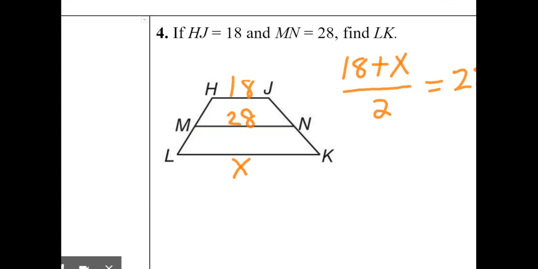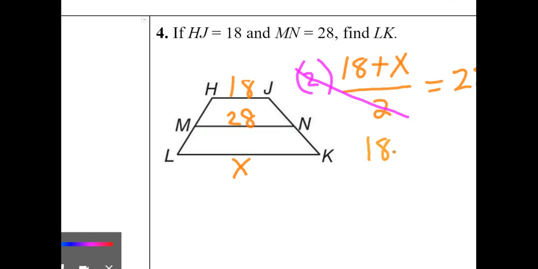Because 28 is the average of the top and bottom side. And from there, we would multiply each side by 2 to get rid of that 2. Okay. And 18 plus x is therefore equal to 56. Okay. And then when you solve, x is equal to 38.